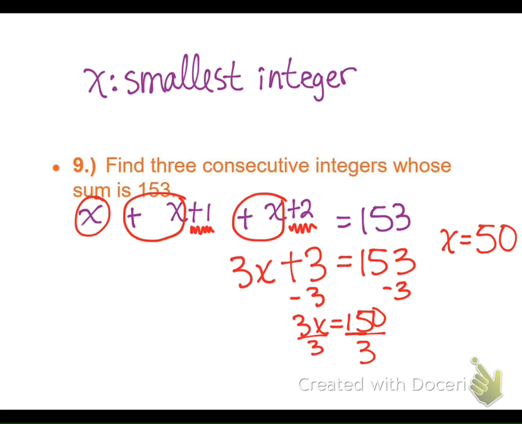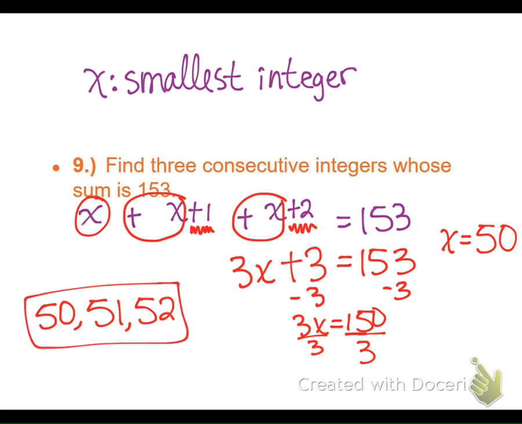If 50 is our smallest one, we start with 50. Consecutive to 50 would be 51, and after that we would have 52. So those are the integers we're looking for.